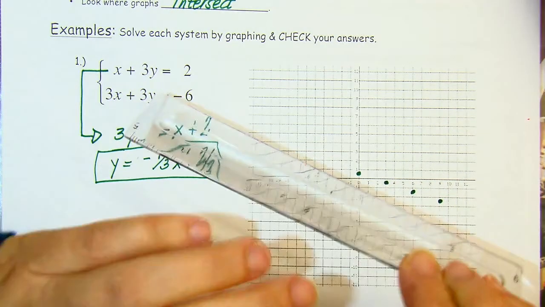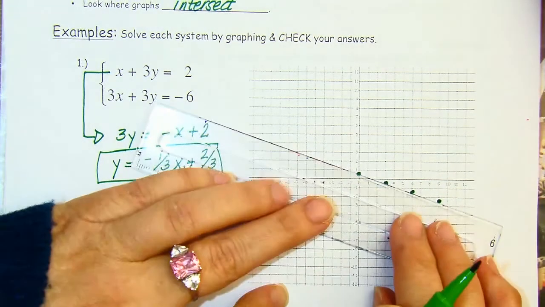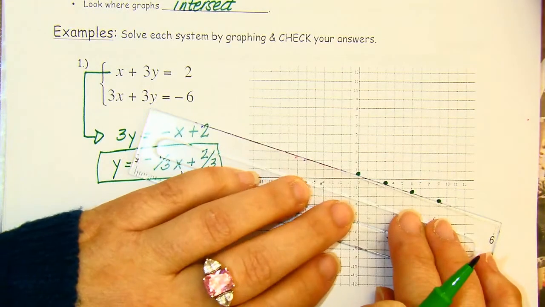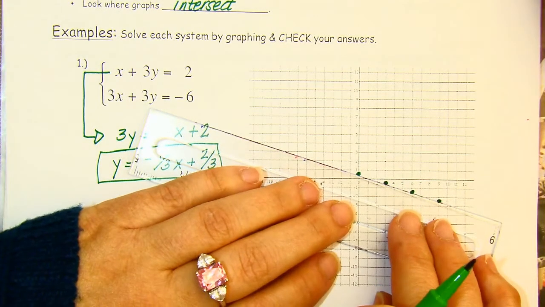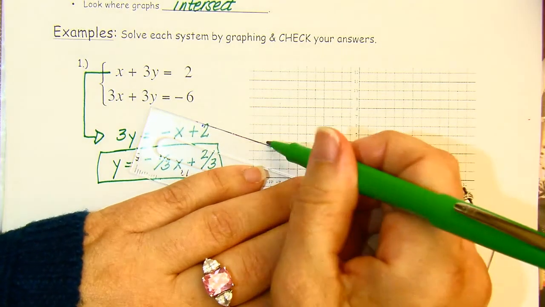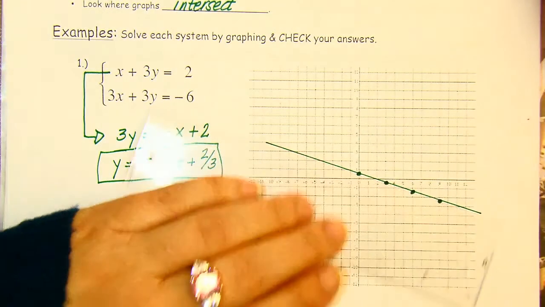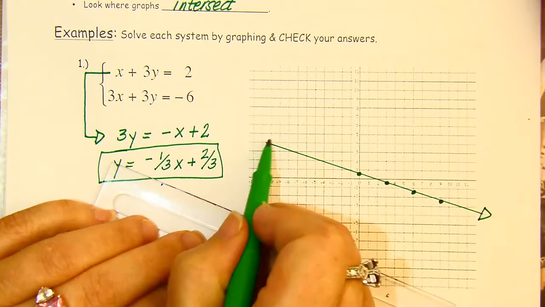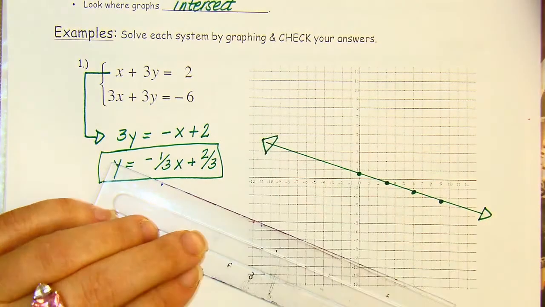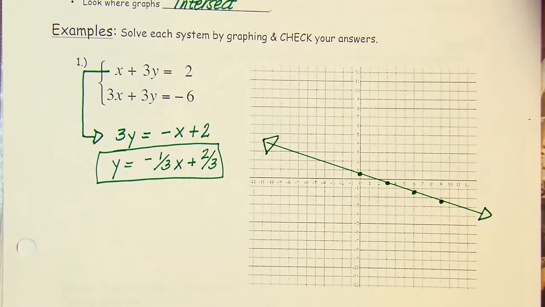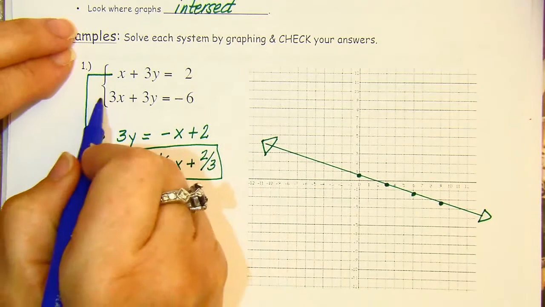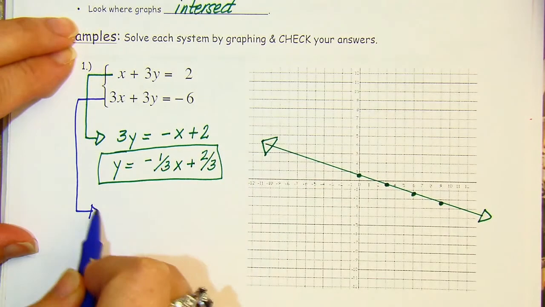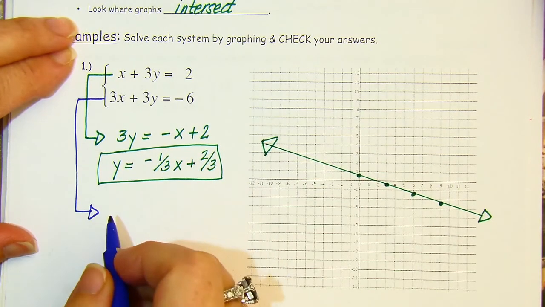I would do these separately because if you just put dots on your coordinate plane for both lines, it might be a little bit difficult to tell which dots go on which line. So there we have that piece. Now this piece, do the same thing. 3x plus 3y equals -6.